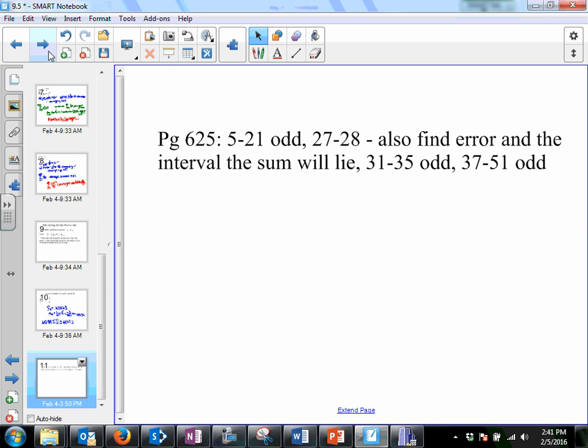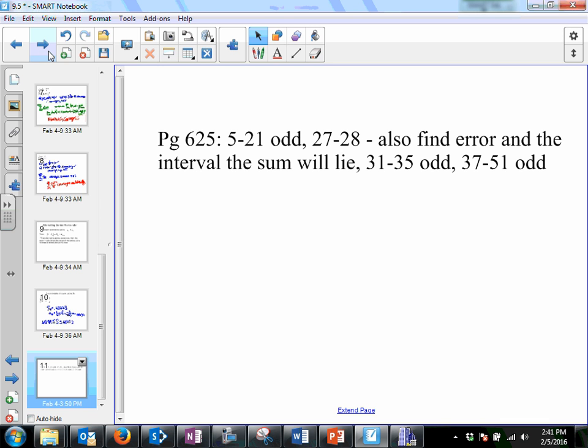So, here is your homework. I have some specific instructions. For 27 to 28, it asks you to find the specific sum, but then I also want you to find the error and the interval the sum will lie in.